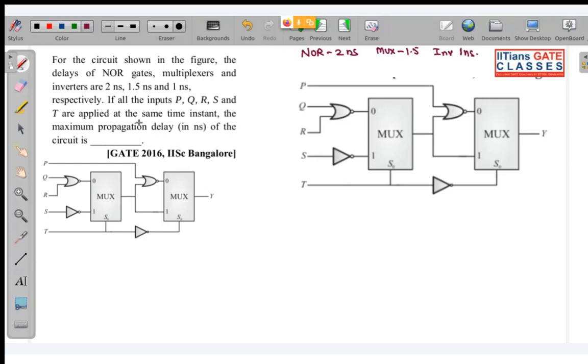So we should understand what we mean by this maximum propagation delay. By maximum propagation delay, we mean that all the gates are suffering from delay. So one very important concept I want to share with you.